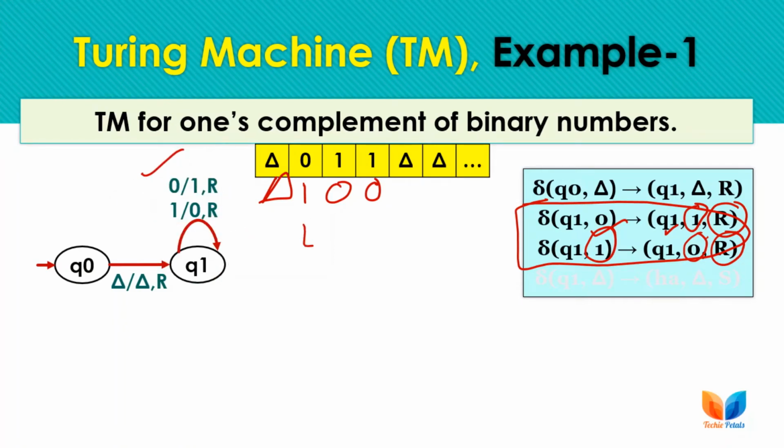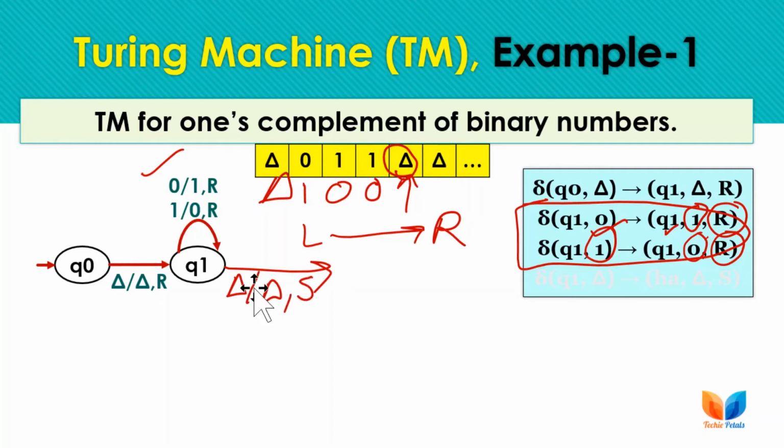Simply, we are moving from left to right, reading one symbol after another of the input string. Now at the end of the string we again have a blank symbol. So from Q1, after replacing blank with blank, we move to the inactive state.